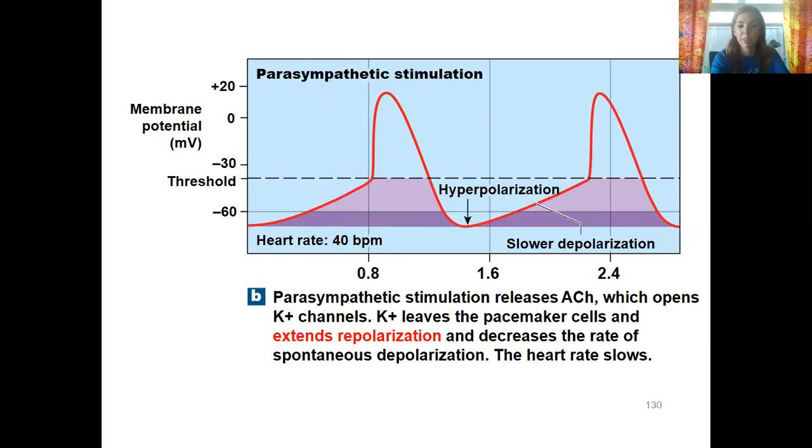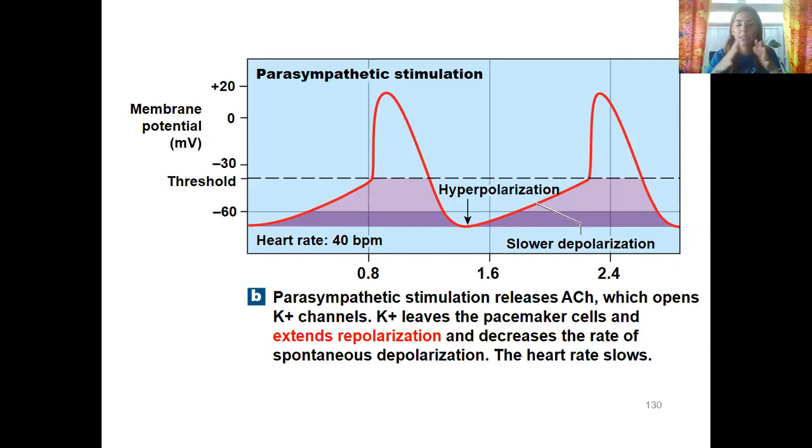This is parasympathetic stimulation. What happens is those nerves will release acetylcholine, and that's going to open up potassium channels. So potassium will leave the pacemaker cells, and the highlight here is that it extends repolarization. As it extends repolarization, that decreases the rate of spontaneous depolarization.